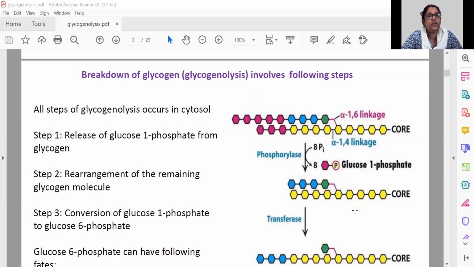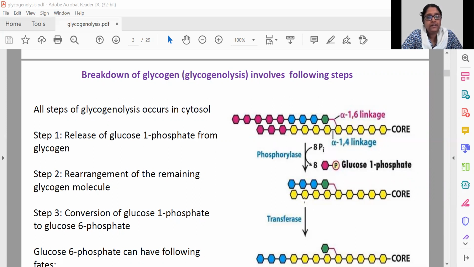And so this is not an energy coupled reaction actually. This just takes phosphate, and this phosphorylase will phosphorylate the glucose molecules that are being detached from here and give glucose 1-phosphate. So that is the first step of glycogenolysis.